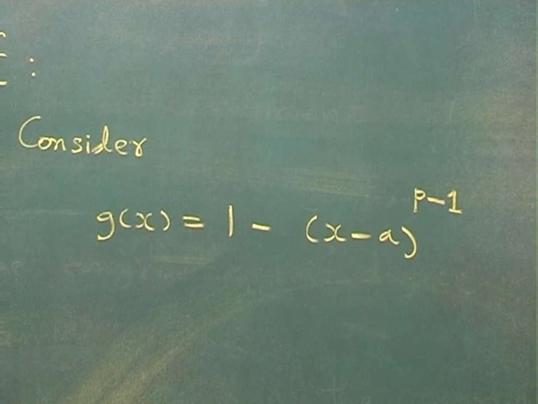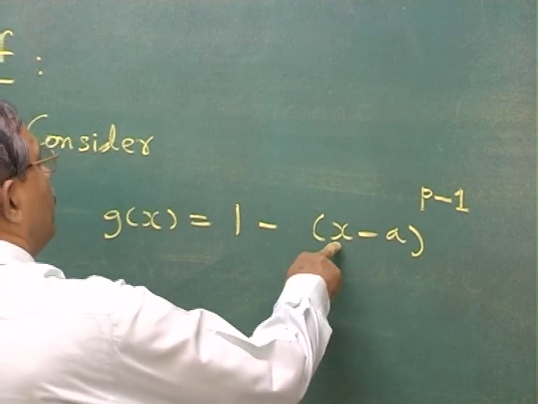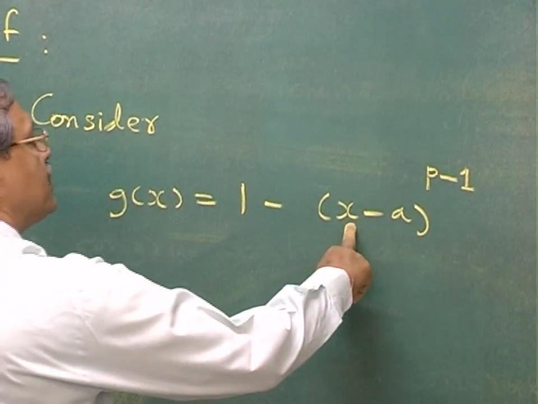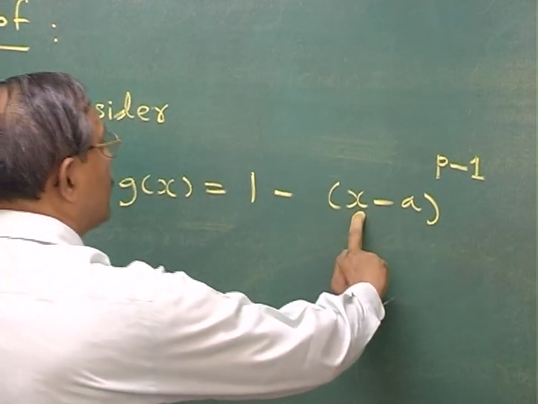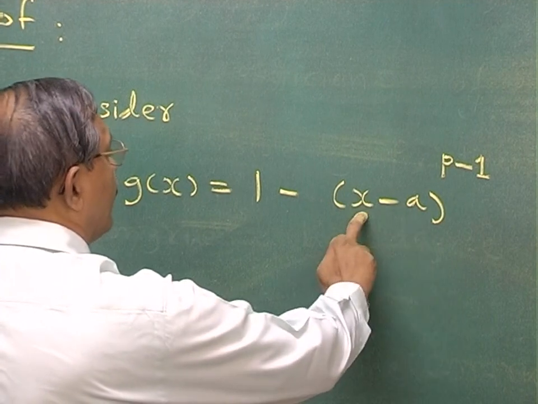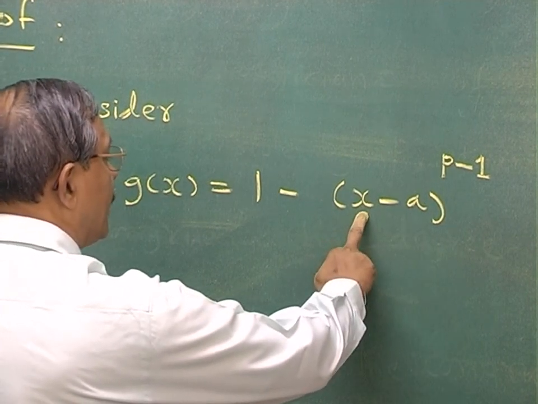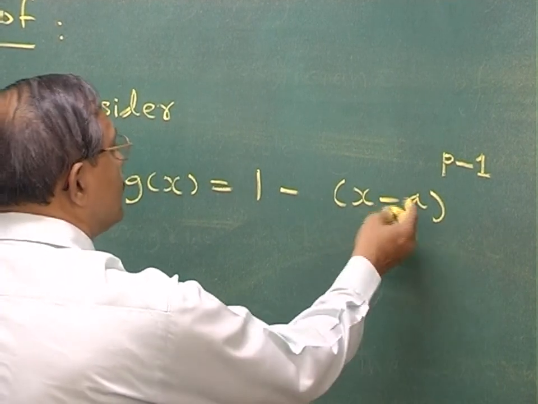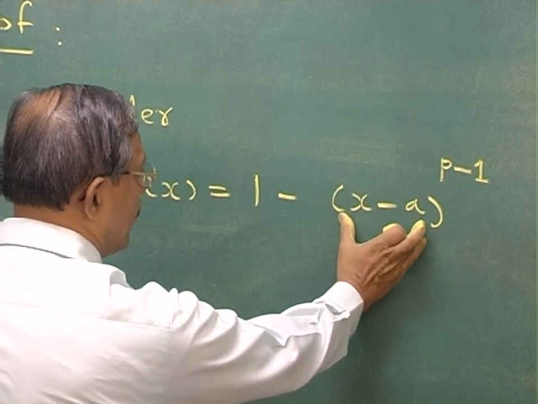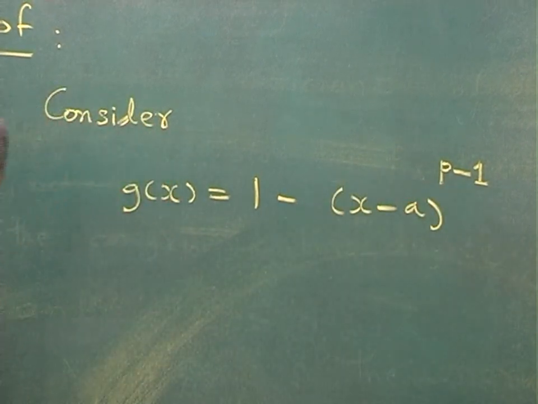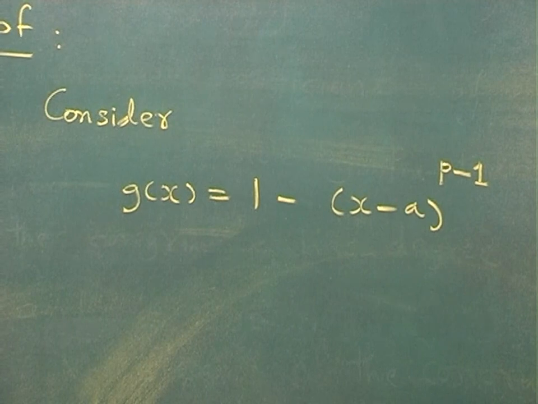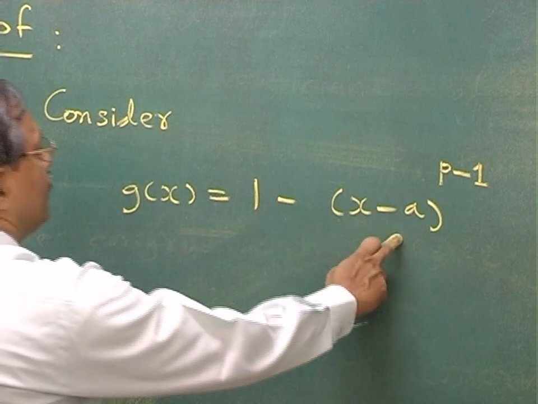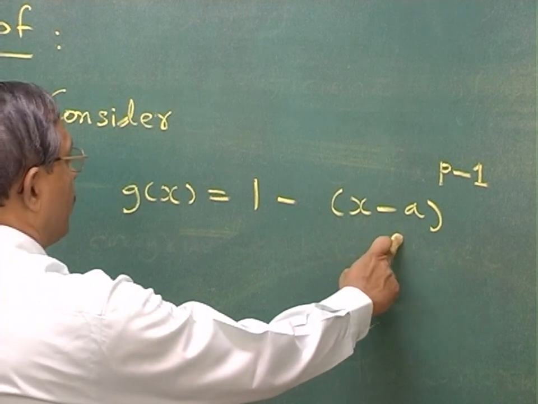You get the value as 1. And if I put something other than a, modulo p, then this is non-zero mod p, then raised to p minus 1. So by Fermat's little theorem, this is 1 mod p. And 1 minus 1, so that is 0 mod p.